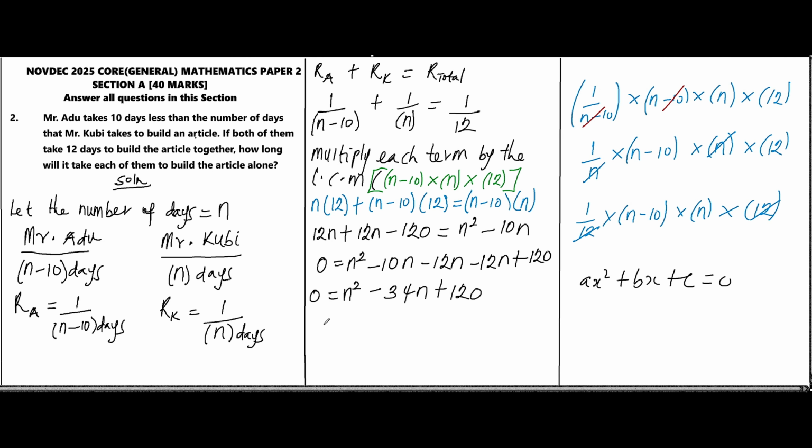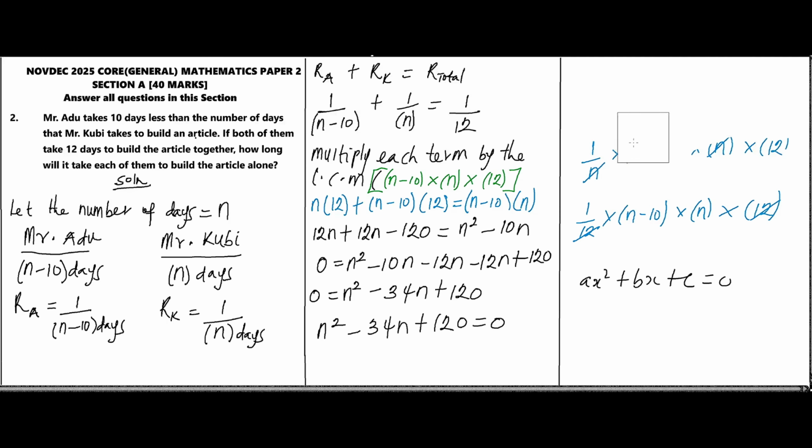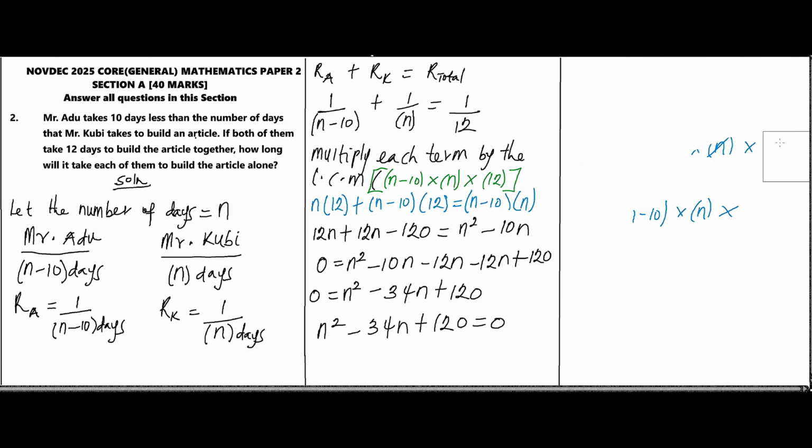So finally, we have n squared minus 34n plus 120 is equal to 0. We now have our quadratic equation. So let's factorize and see the possible values of n.